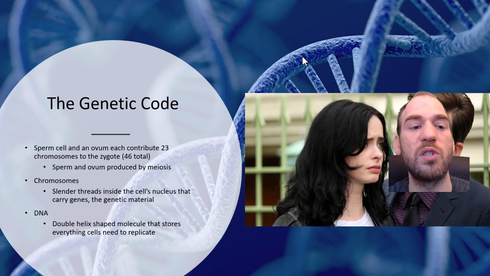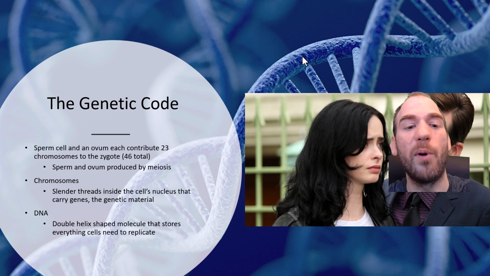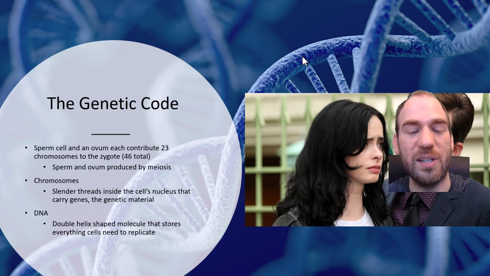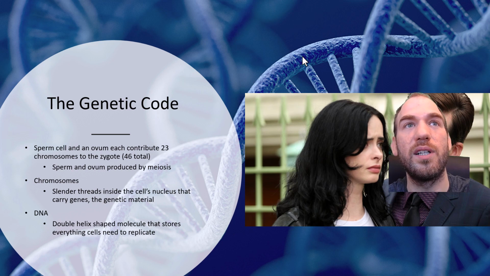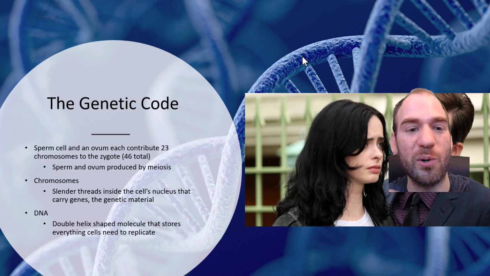Besides that, the sperm cell and the ovum cell each have 23 chromosomes, and the two sets of 23 come together to form a total of 46 chromosomes.